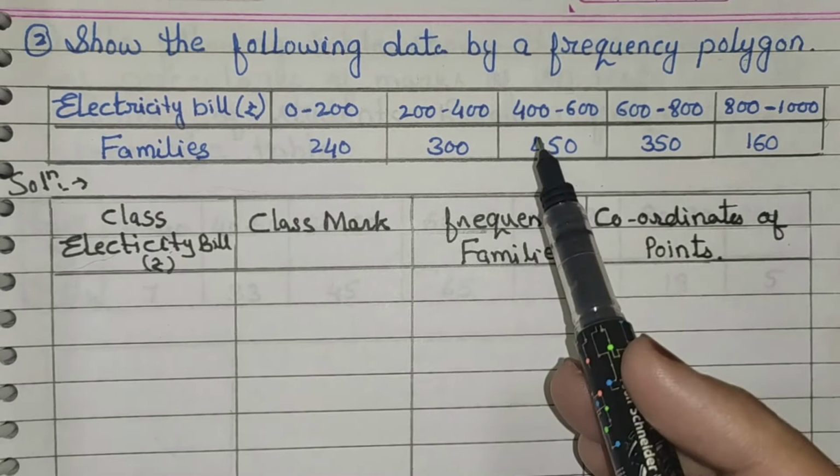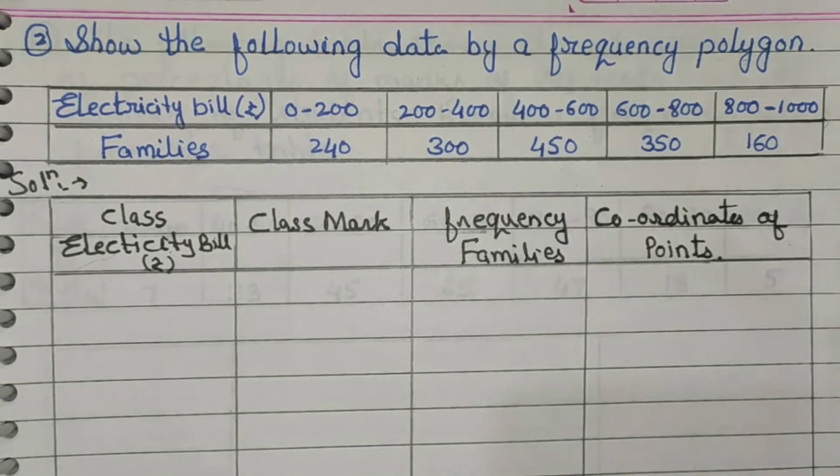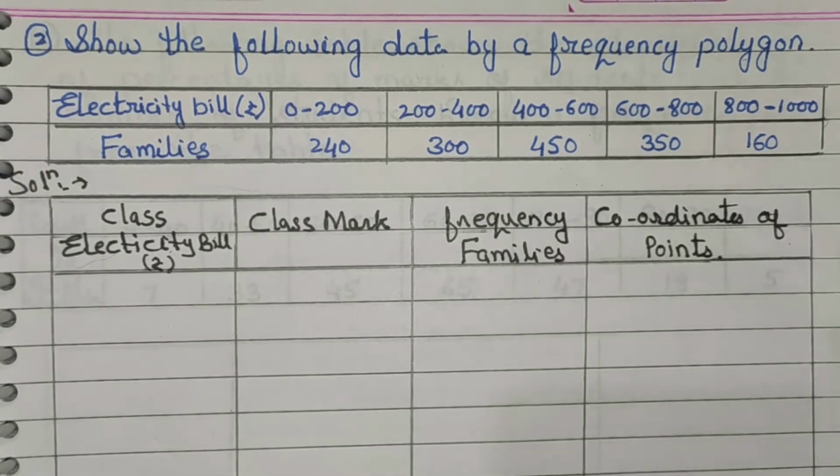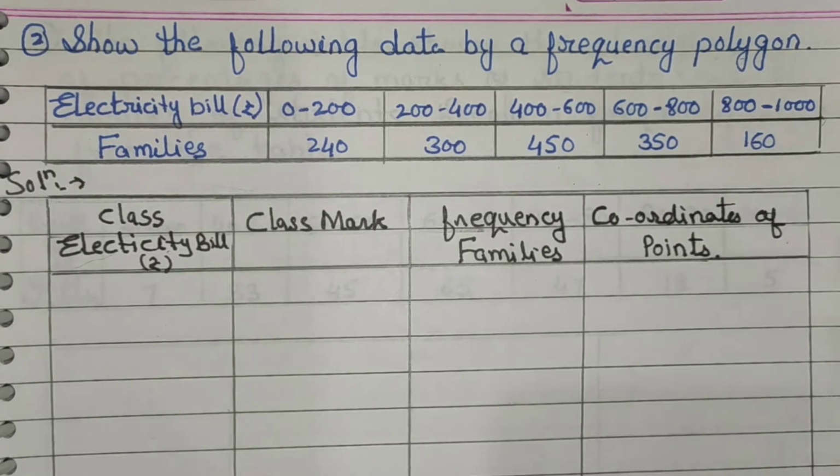Now here draw a frequency polygon without the help of a histogram. Therefore, first we prepare a table having the 4 columns. Now, for drawing a frequency polygon, plot 2 additional points, one preceding the first class with frequency 0.